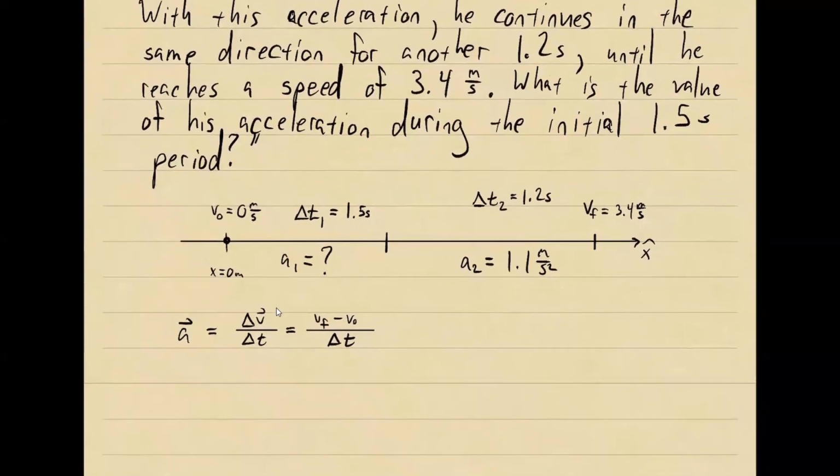I'm going to say that the velocity right here, where he switches up the acceleration, I'm going to call it v star, because we don't know exactly what it is. We can figure it out.